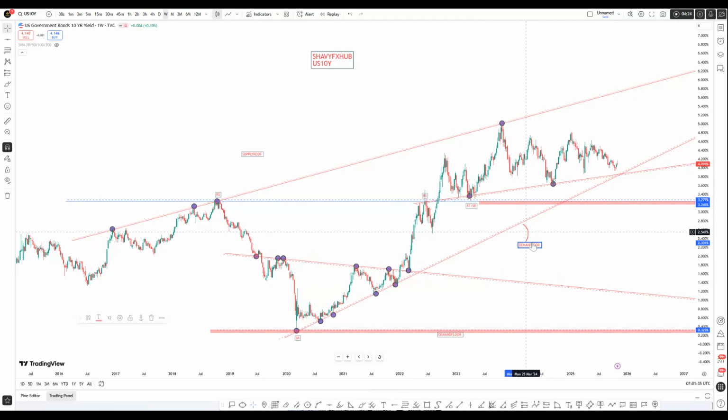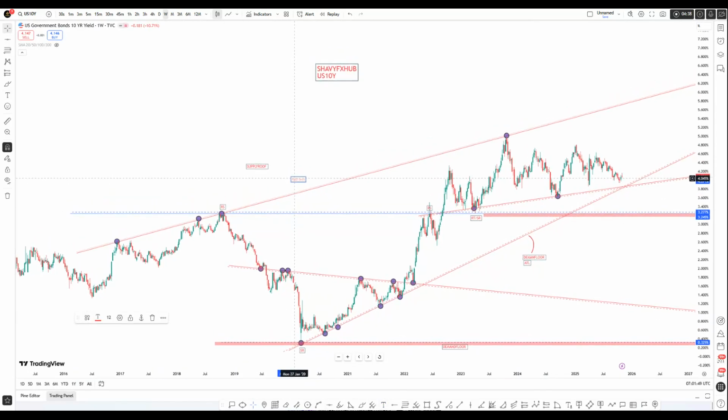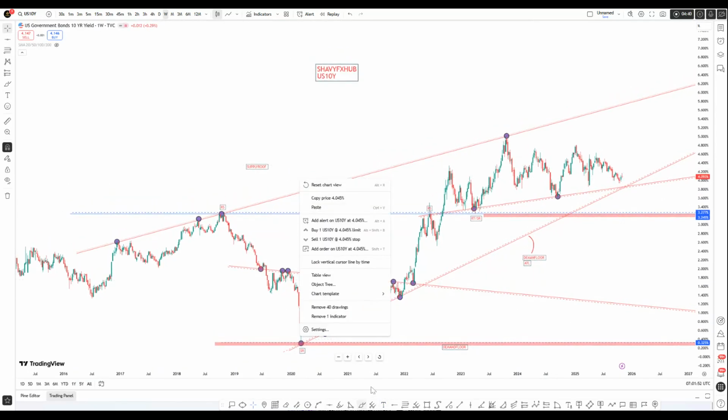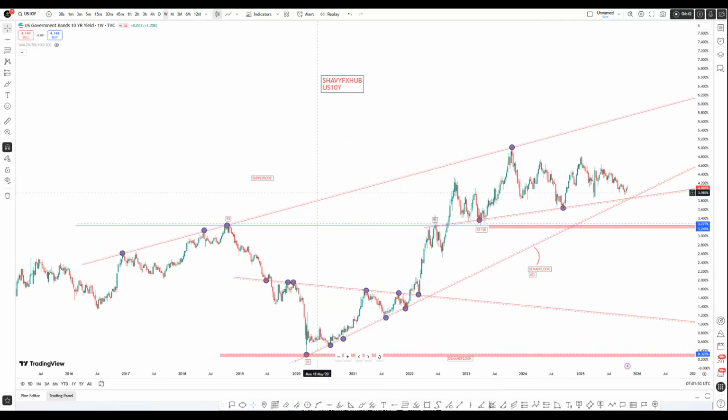It's your demand floor on a weekly time frame on an ascending trend line, ATL. And this is your supply roof, still on an ascending trend line on a weekly time frame.